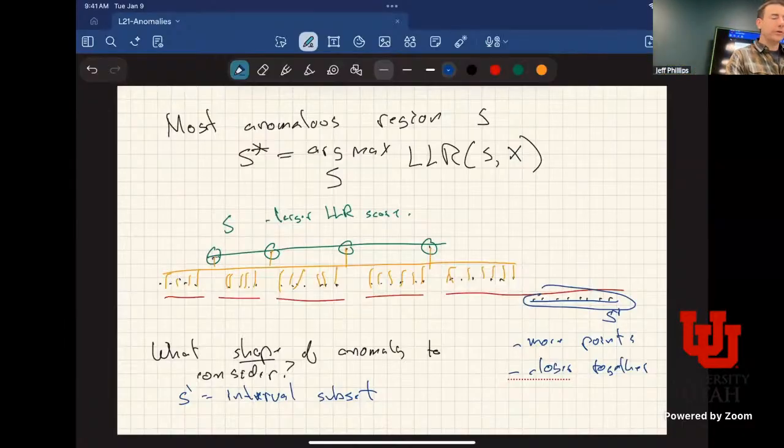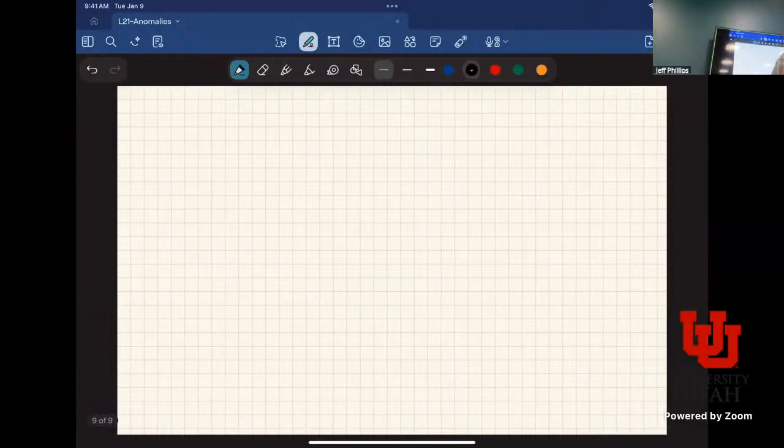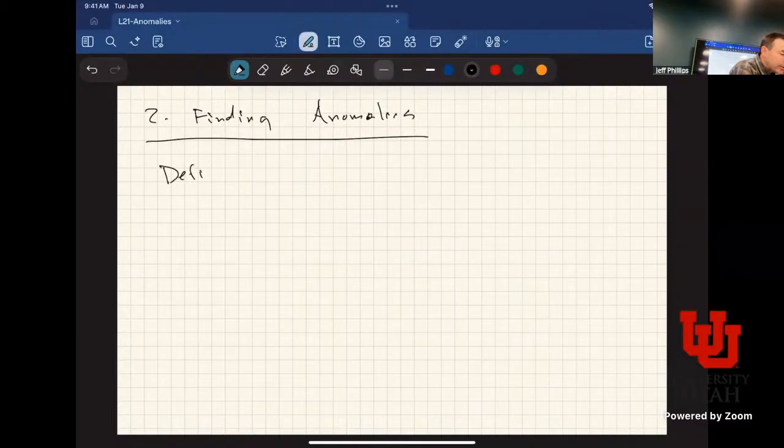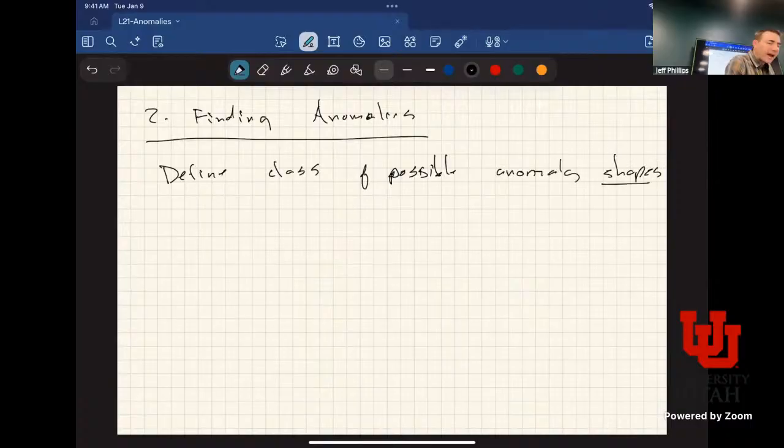So in finding anomalies, what you need to do is to define a class of possible anomaly shapes. And shapes can mean what you want it to mean.